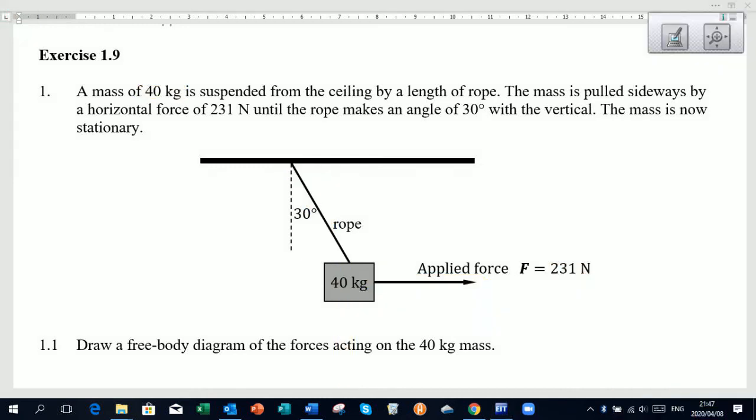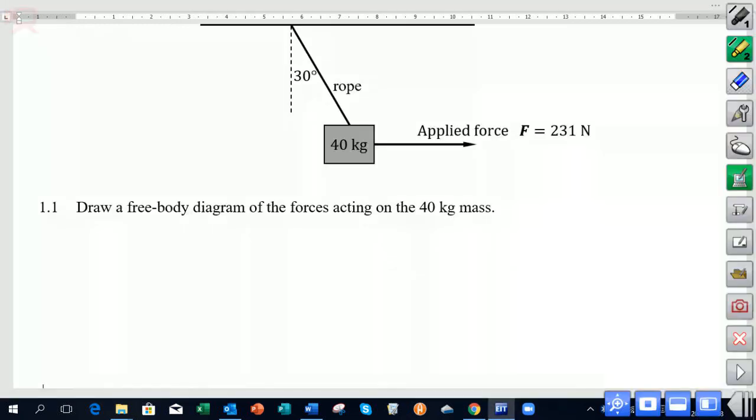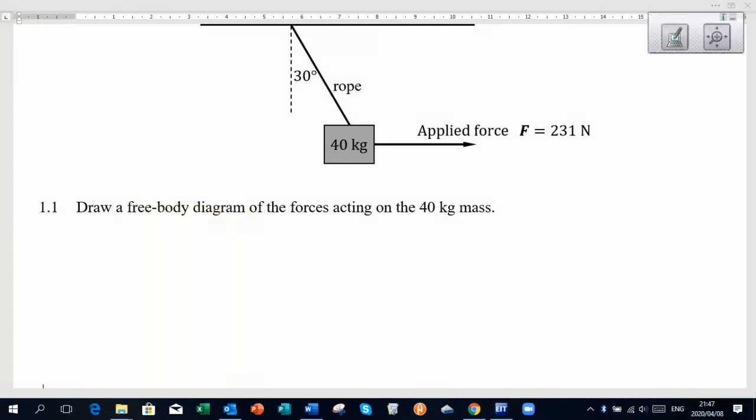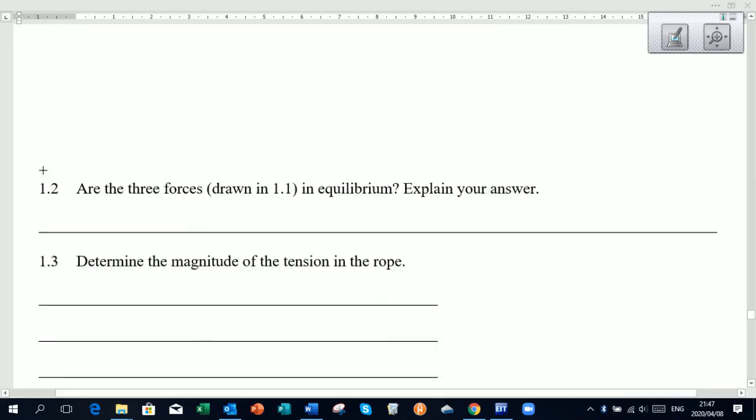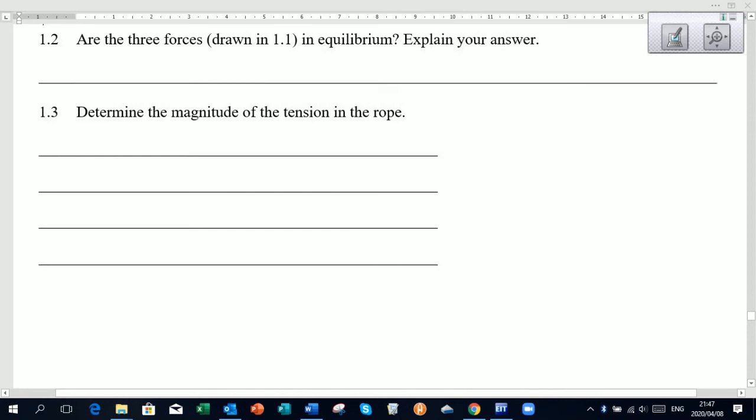So you need to draw a free body diagram of all the forces acting on the 40 kg mass, then explain why you think that this mass is in equilibrium, and then the third part is to determine the tension in the rope. So pause the video, and once you've done that, come back and check your answer.